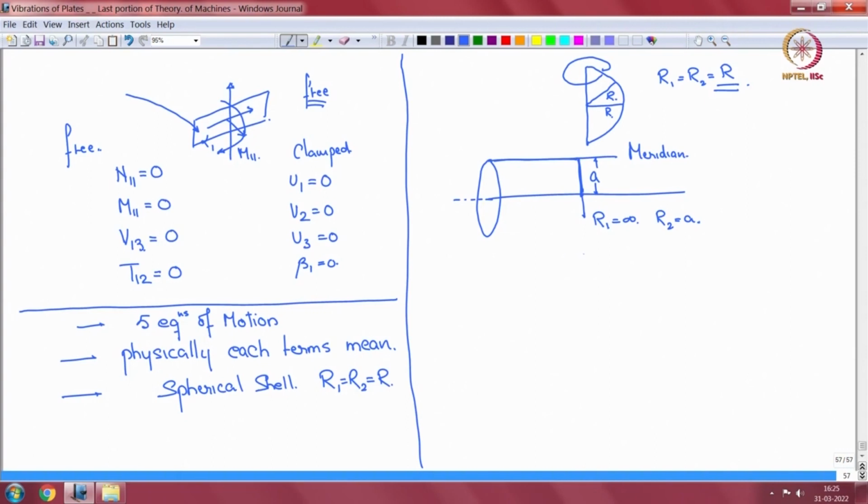So now I have a sphere, and this is my center. At some point I take an element on the sphere.